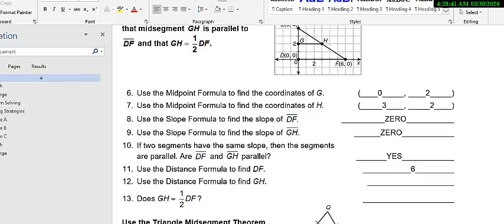So this will complete the answer for question number 12, which is 3 units. Last question, does GH equal 1/2 DF? Yes, because this is 6 and this is 3, so this will complete the properties of the mid-segment. So I have to write down here yes, and this will complete the answer for question number 13.